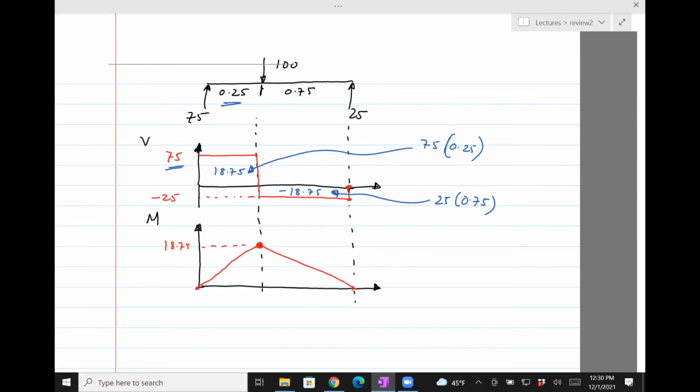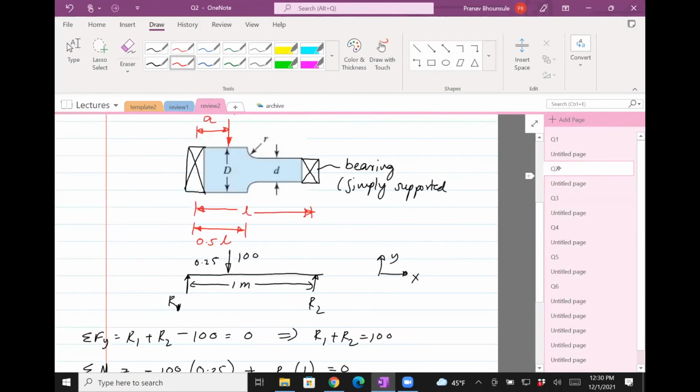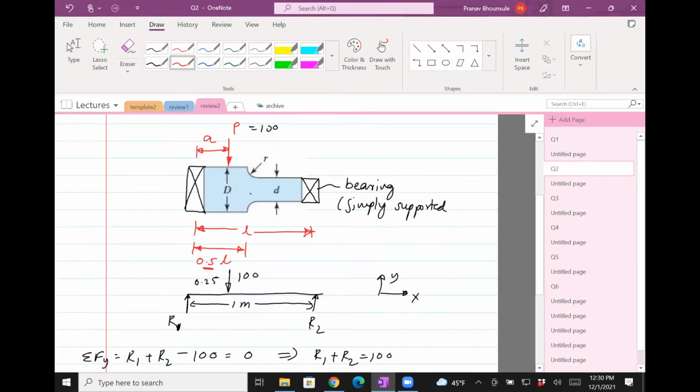Now, there's something else going on here, which is there's a discontinuity. Well, there's a change in geometry, right? So right at 0.5 L, we see that the geometry changes. So we also need to consider the moment at this point where the geometry changes, 0.5 L. So we'll find the moment at 0.5 L, we'll compute the stress at 0.5 L, we'll also compute the stress at point P, where the maximum Mx, and then the larger of the two is the maximum normal stress.